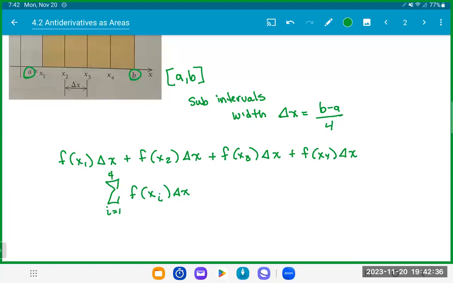That reads as the sum of the product f of xi times change in x, from i equals 1 to i equals 4.